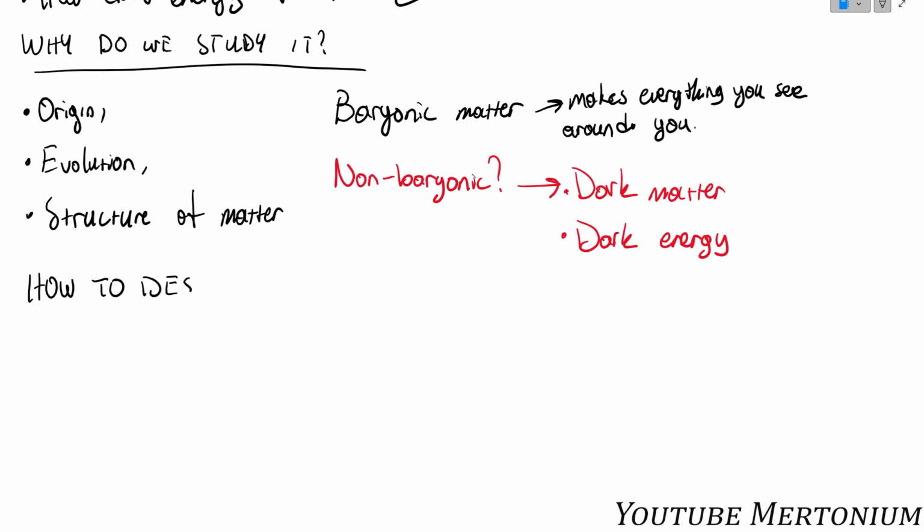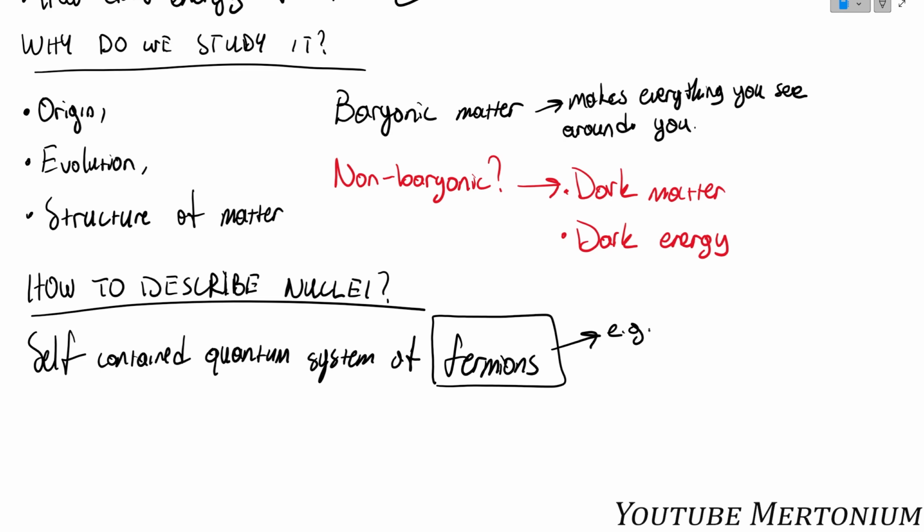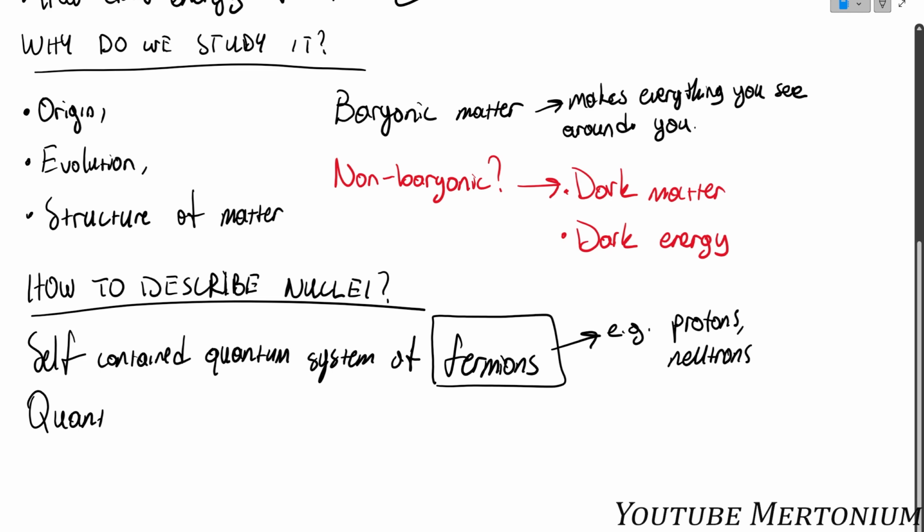So, how do we even begin to describe nuclei? Think of a nucleus as a self-contained quantum system of fermions, that's protons and neutrons, interacting through incredibly complex forces described by quantum chromodynamics, or QCD.